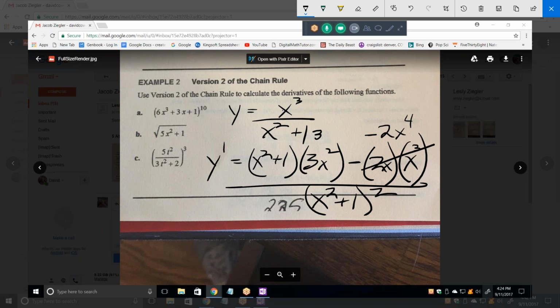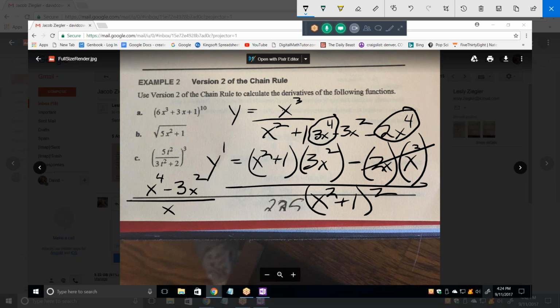It turns into 3x to the fourth minus 3x squared. Well, now I can combine that with that. So I actually end up in the numerator with x to the fourth, one of them, minus 3x squared. So that's what my numerator turns out to be with just a little bit of algebra.